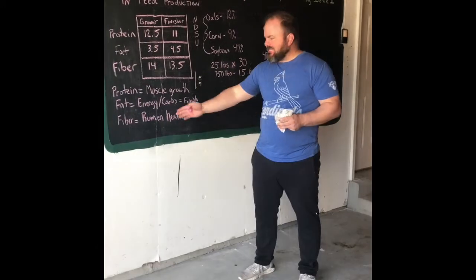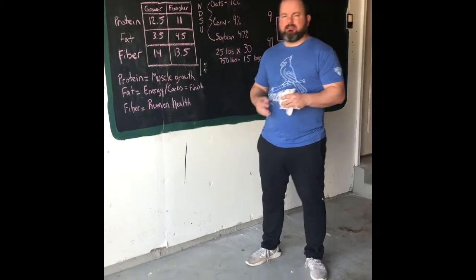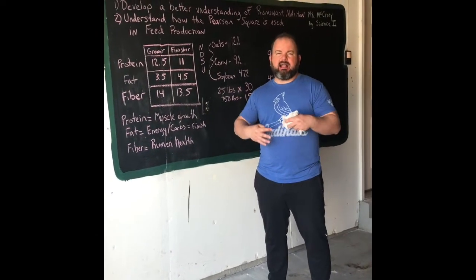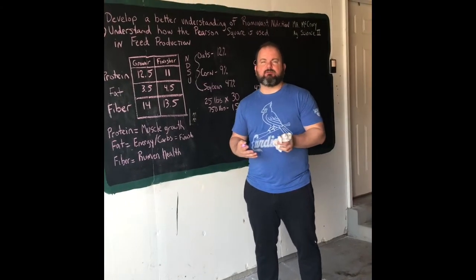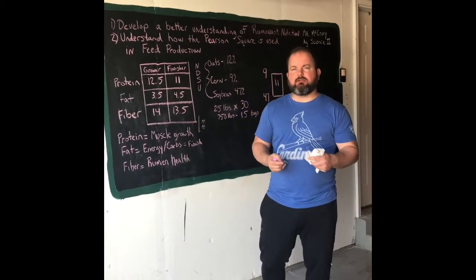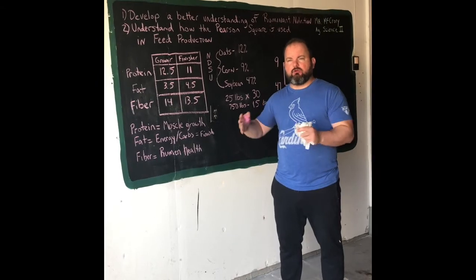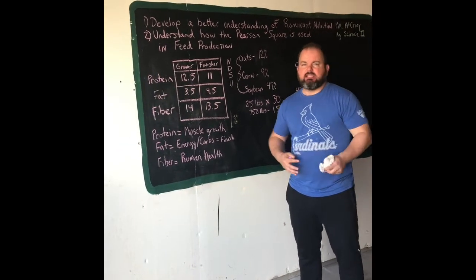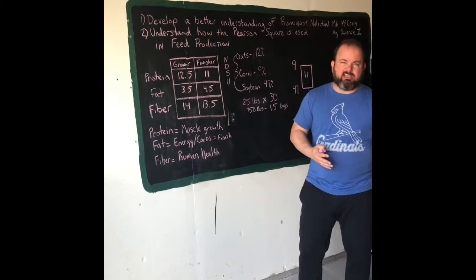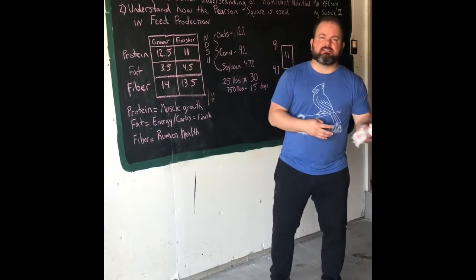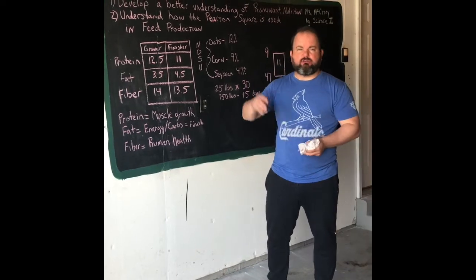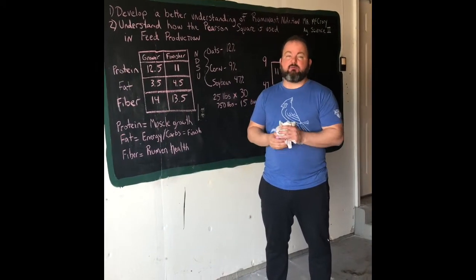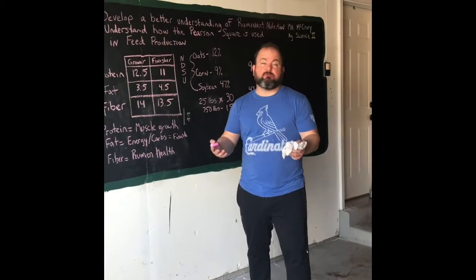The last thing I want to talk about is fiber, and fiber helps to increase rumen health. A rumen's stomach is very sensitive. If you change things really quickly, increase fat content really rapidly or decrease fiber, you're going to see an increase of problems with their stools, or the poop, if you will.